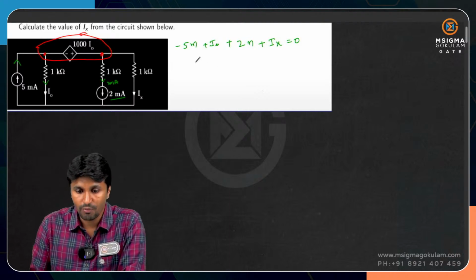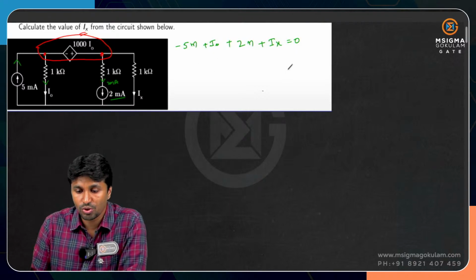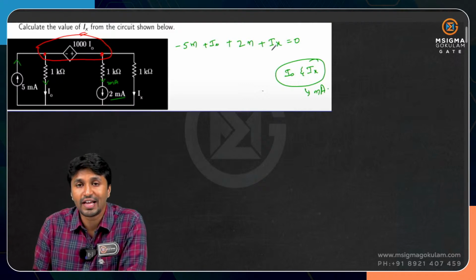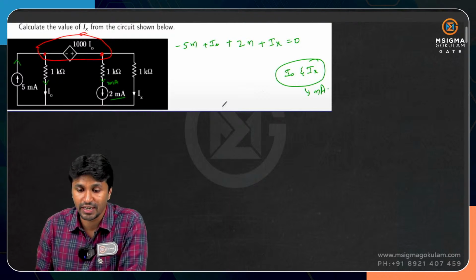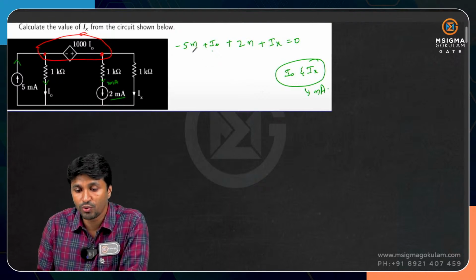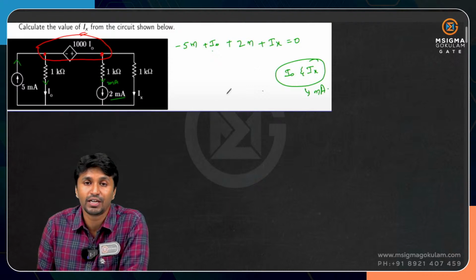So what I am going to do here is assume the currents I naught and Ix to be in milliamperes. Under the assumption that I naught and Ix are in milliamperes, I am taking milliamperes common from each of these terms and sending it to the other side.